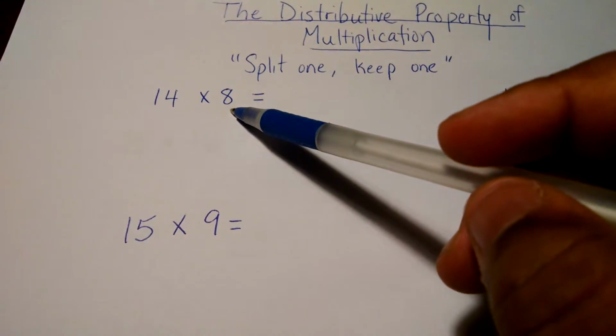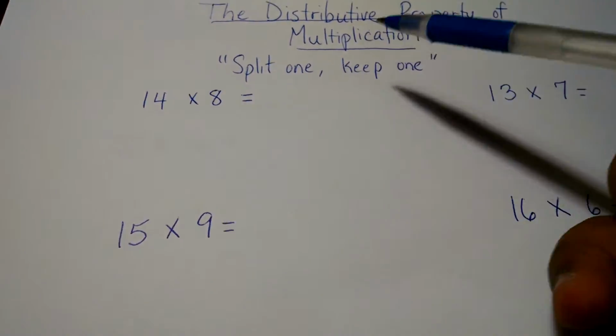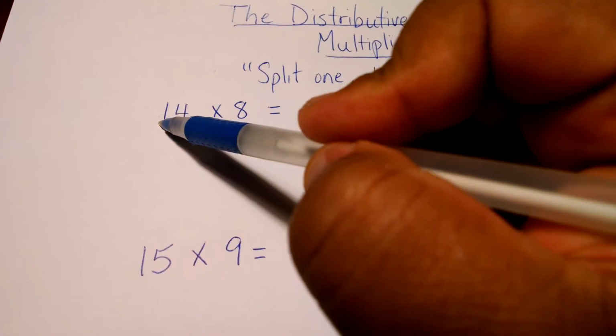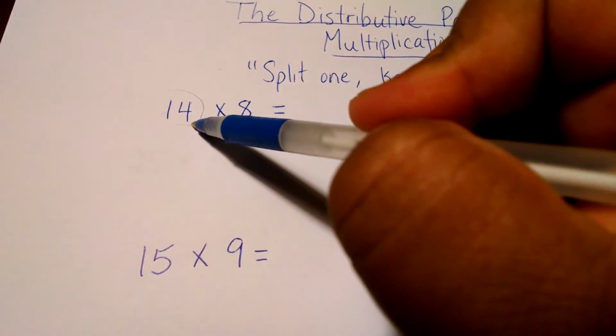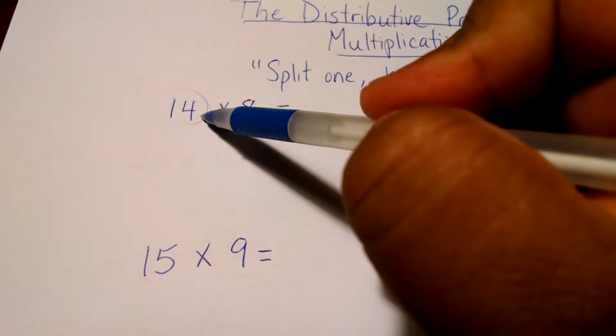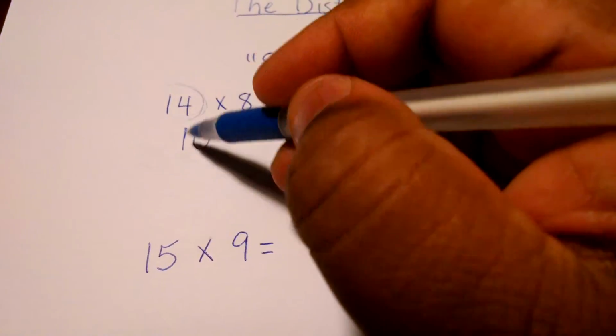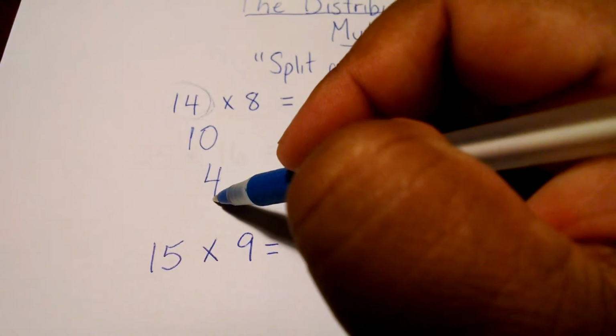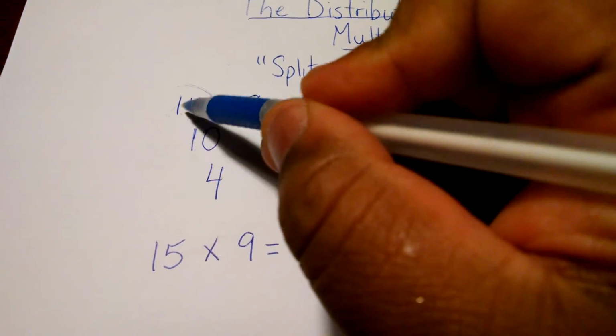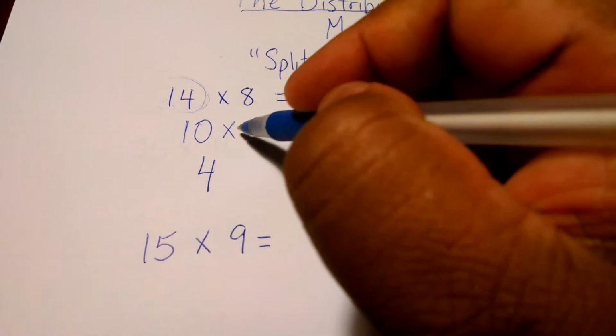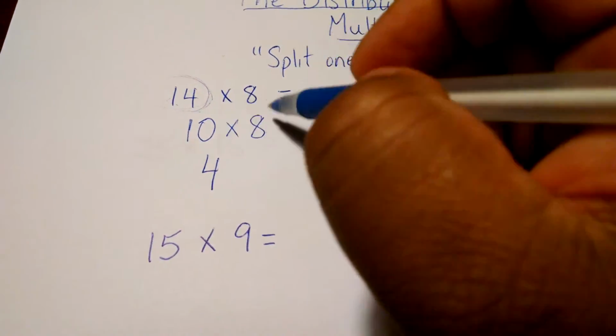So 14 times 8 equals, here's our equation. So look at that 14 and think about your place value. 14 is equal to 10 and 4 more. So you're going to multiply 10 times 8 and then 4 times 8.